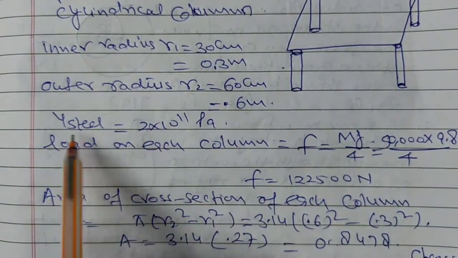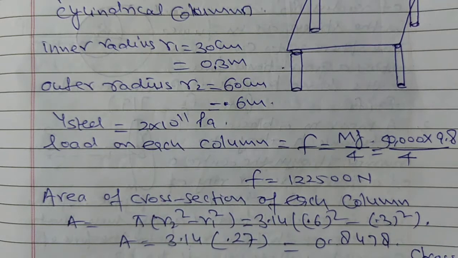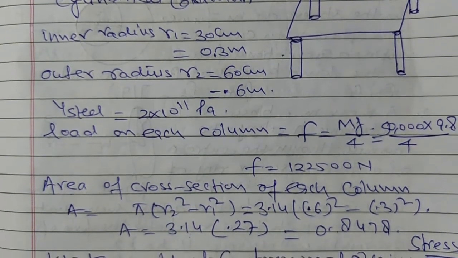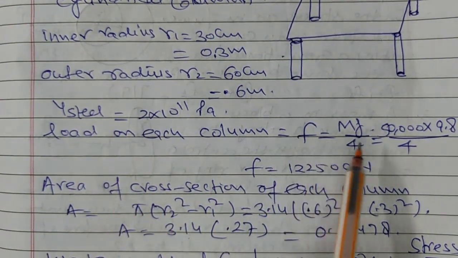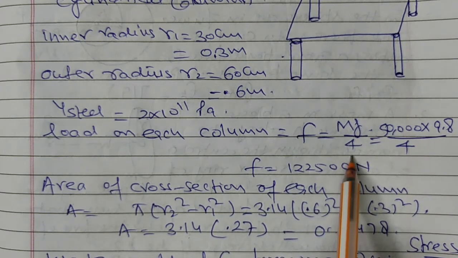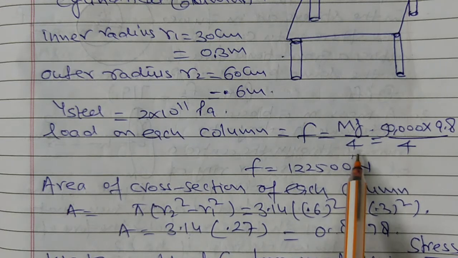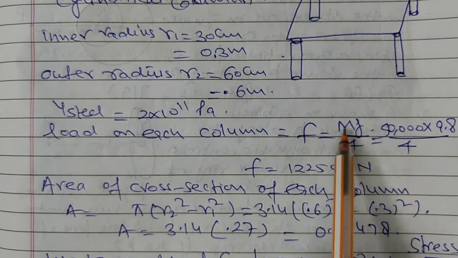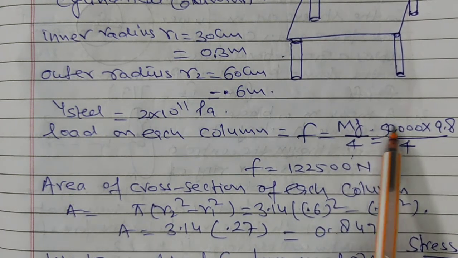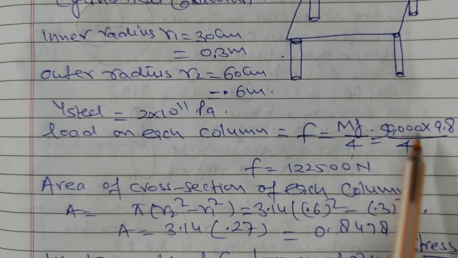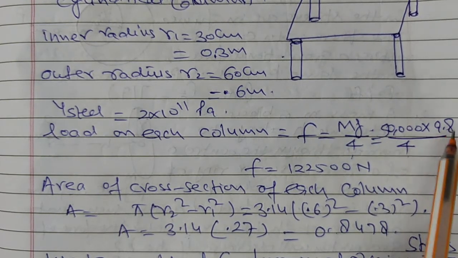Now Young's modulus of steel is also given, 2 into 10 raised power 11 Pascal. Now load on each column is mg by 4 because the mass distribution is uniform. सभी पर equal distribution है mass का. Therefore this is mg by 4, M is 50,000 and g is 9.8 by 4.